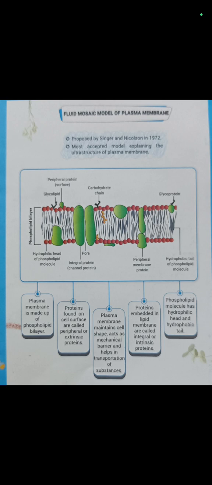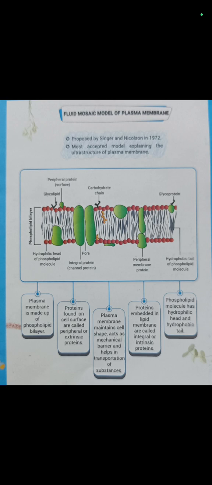Next, the plasma membrane maintains cell shape, acts as a mechanical barrier, and helps in transportation of substances. That is very true, the plasma membrane acts as a barrier for substances to come and go inside the cells. Proteins embedded in the lipid membrane are called integral protein or intrinsic protein. Also, the phospholipid molecule has a hydrophilic head and hydrophobic tail, as I have told you.